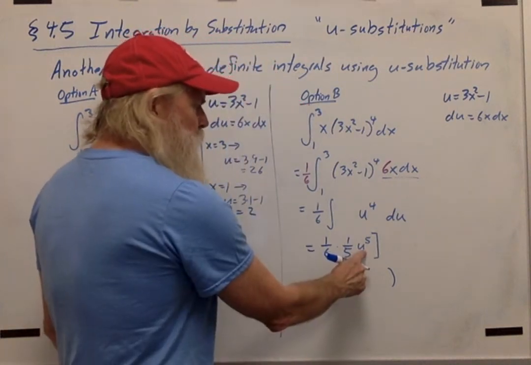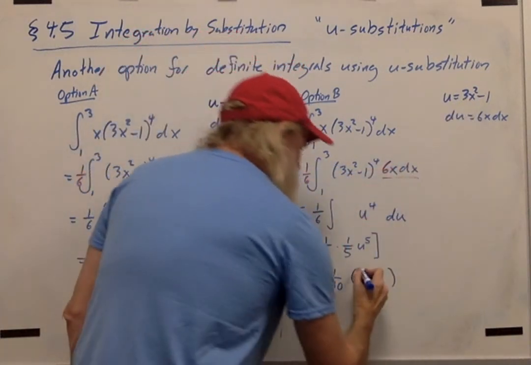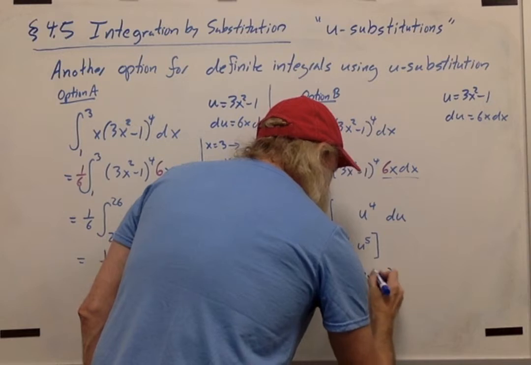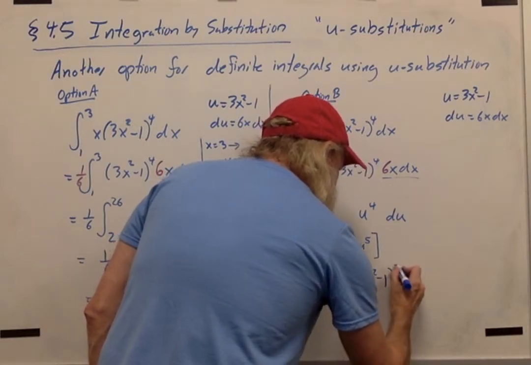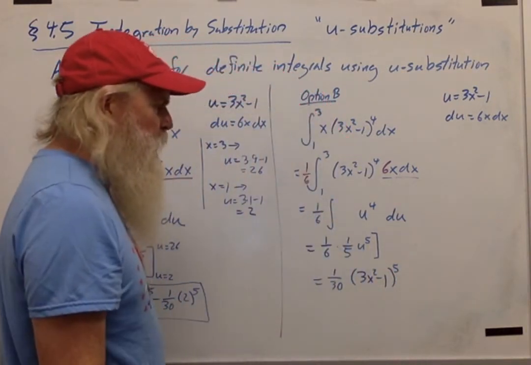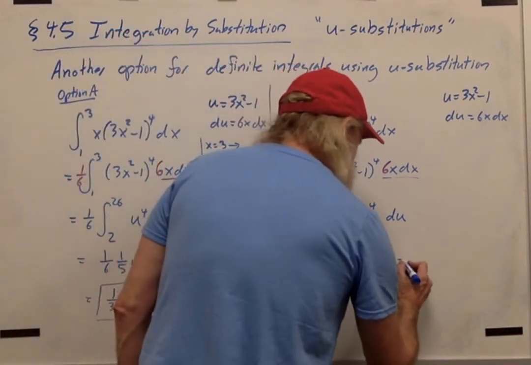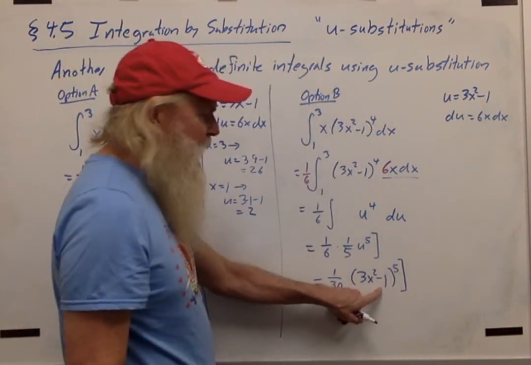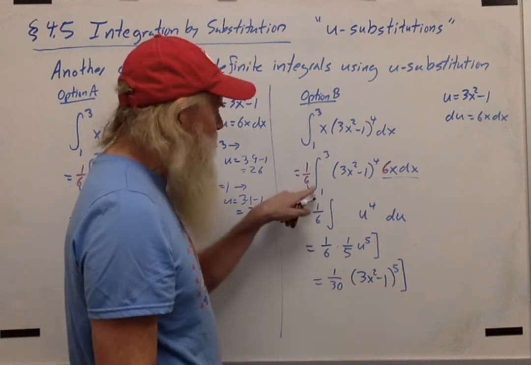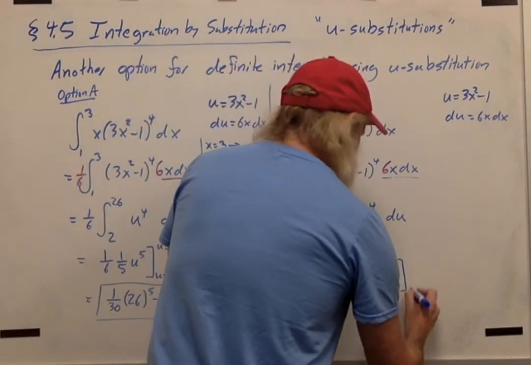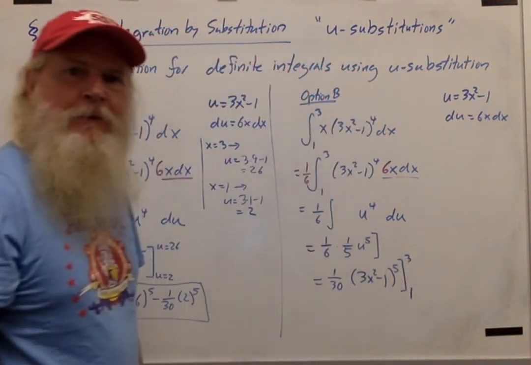Now I can substitute that u is equal to 3x squared minus 1. So I have 1/30 of (3x squared minus 1) to the 5th power. And now that I have x's again, I can put my x bounds over here, 1 and 3.